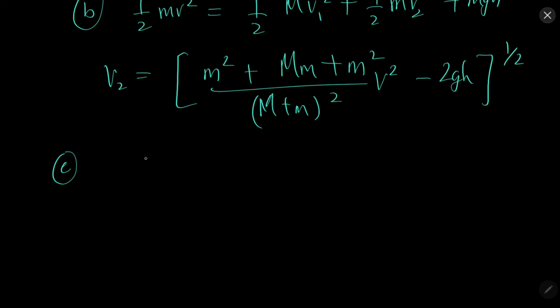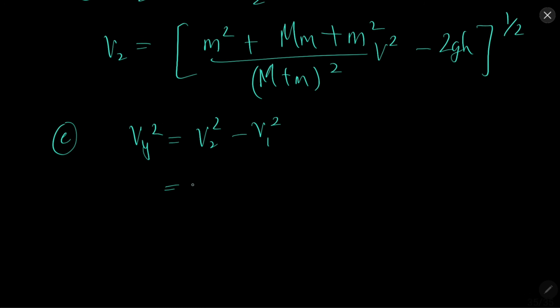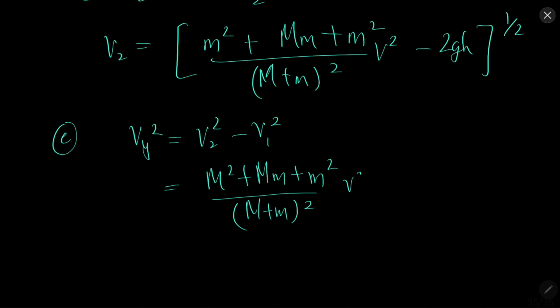And next part, for the vertical component we have this thing: (M square plus Mm plus m square) over (M plus m) whole square v square minus 2gh minus M square v square over (M plus m) whole square.